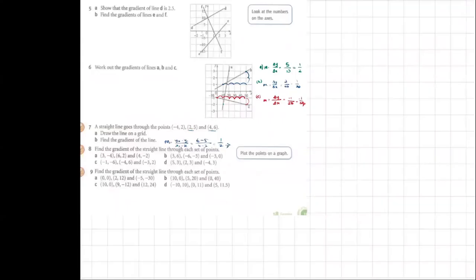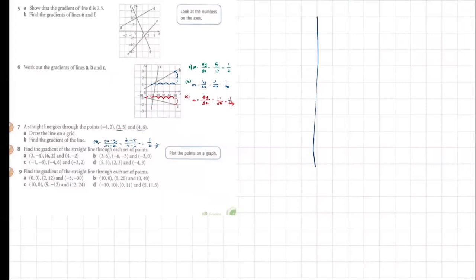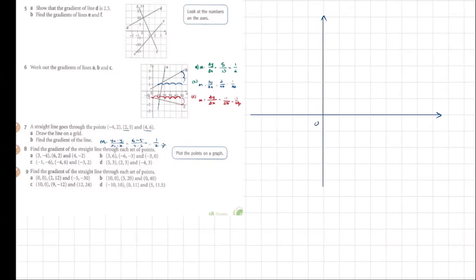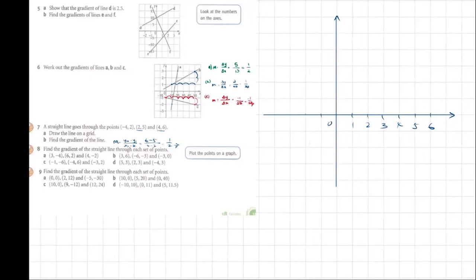I'll just draw it right here. I need to go up to 6, 1, 2, 3, 4, 5, 6. -4, 2, and 6. 6 is there.